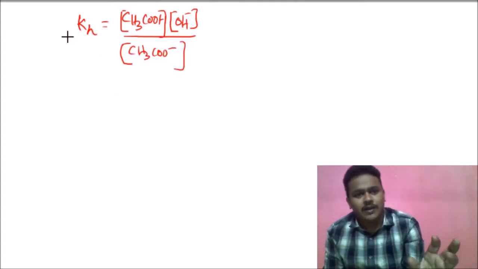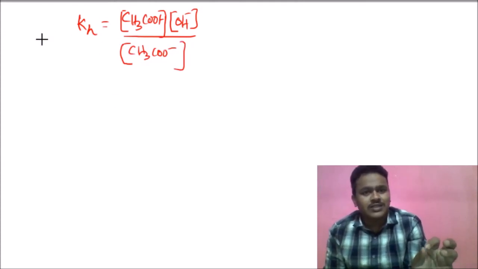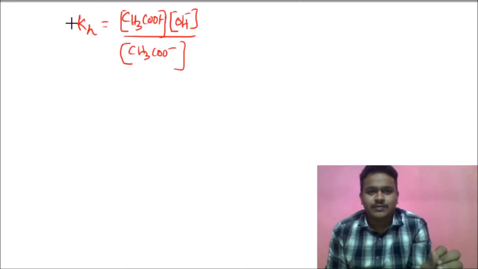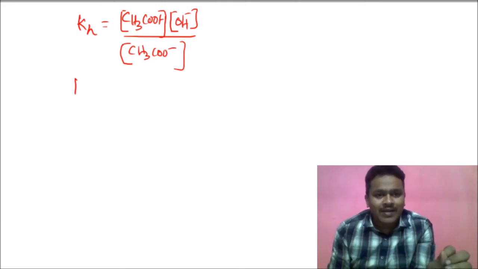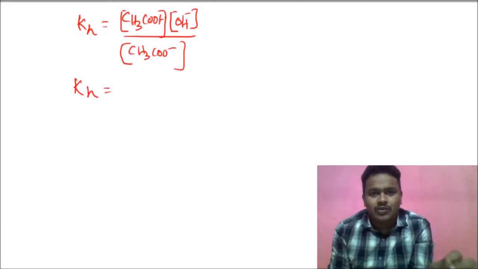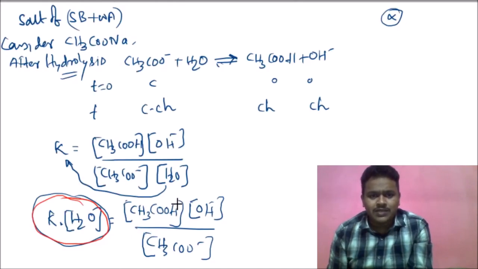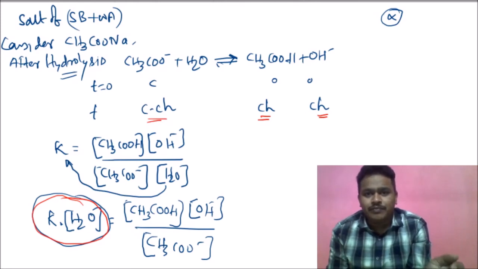This is the hydrolysis constant. Now I will derive a small thing. Kh is equal to, what is the CH3COOH value? Without it, you go to the previous slide. What is CH3COOH? This one. The OH minus part is also Ch. Here the CH3COO minus part will be this one. These three I will substitute in the expression.